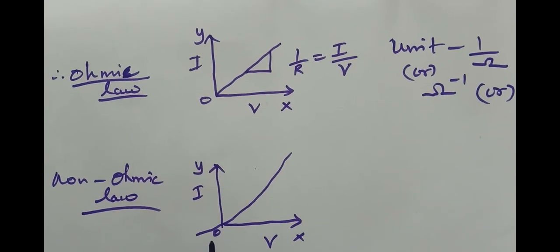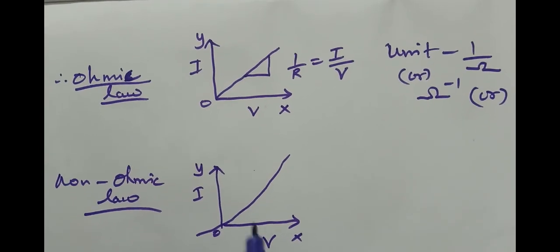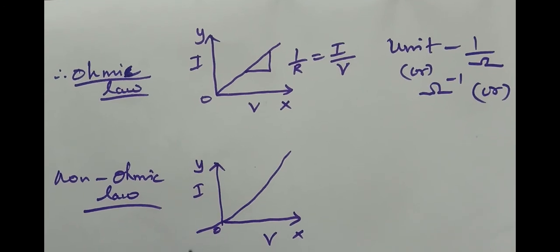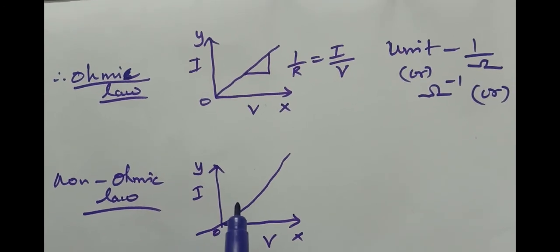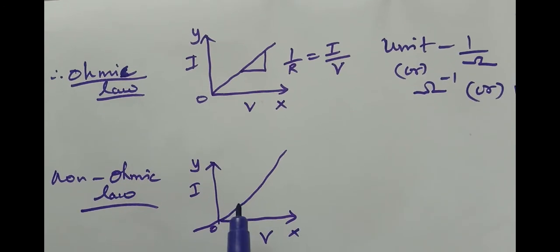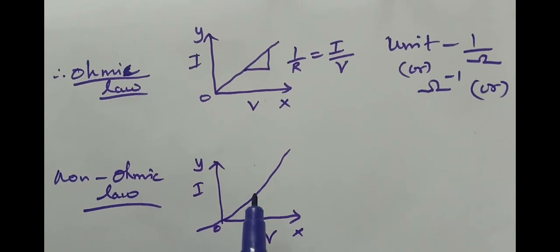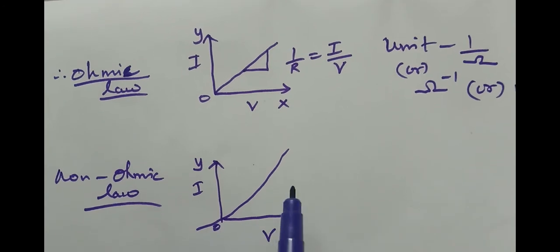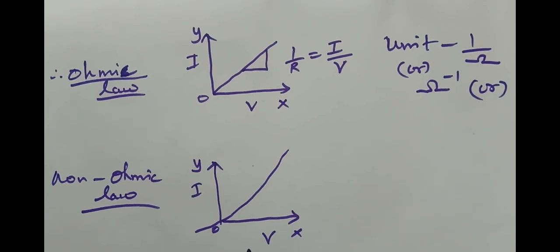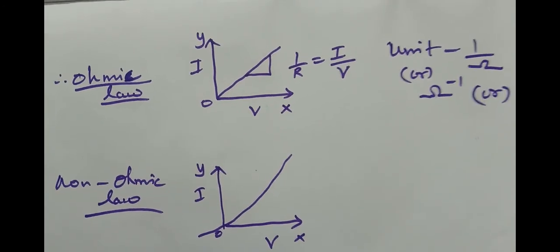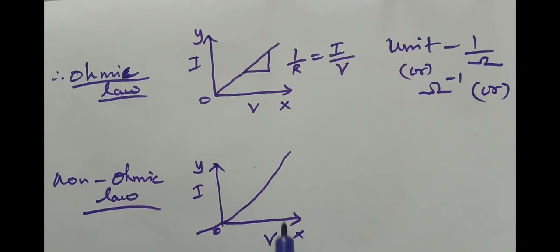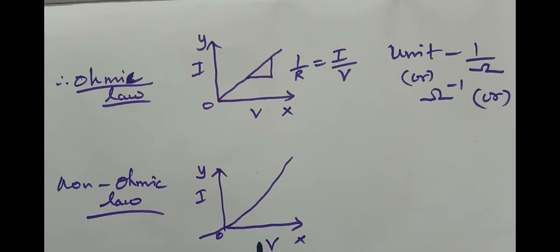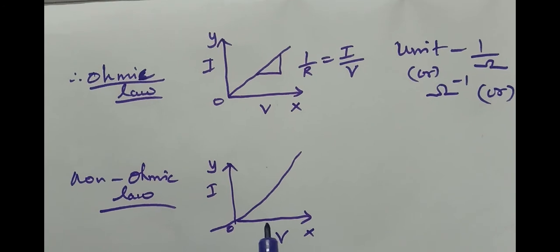These materials have a more complex relationship between voltage and current. A plot of current against voltage for a non-ohmic material is non-linear, and they do not have constant resistance. Are you clear, children? It is very important.